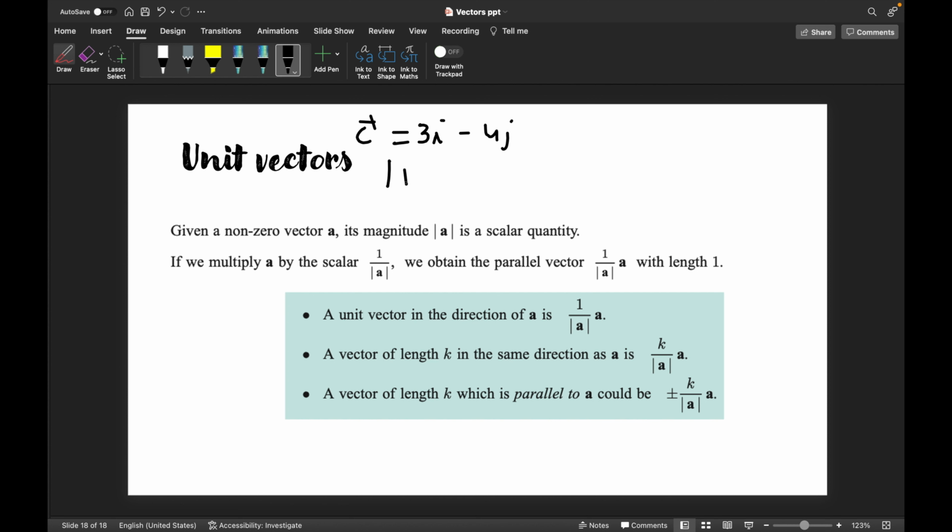The magnitude of c is going to be the square root of 3 squared plus 4 squared. That's 9 plus 16, which is 25, so the magnitude is 5. And therefore, the unit vector is 1 by 5 multiplied by (3, -4). So that's basically it. That's how you find the unit vector. It's as simple as that.